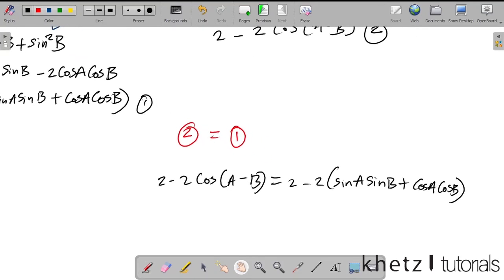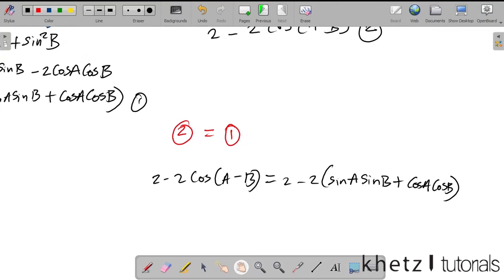Now that we have that, you can just do some quick math. It's simple math.